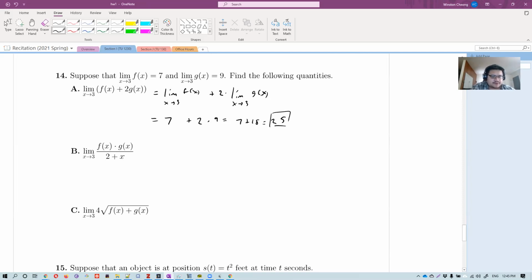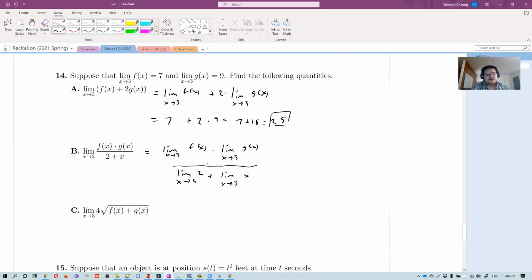For this one, it's pretty much the same. There's a limit law that says it will split over the division, and then it will again split over the multiplication, and it will split over the addition. So you could write 4 limits. Maybe I'll do that. Limit as x goes to 3 of f of x times limit as x goes to 3 of g of x over limit. So this is the one that's kind of stupid to write down, but technically that's what you would end up writing.